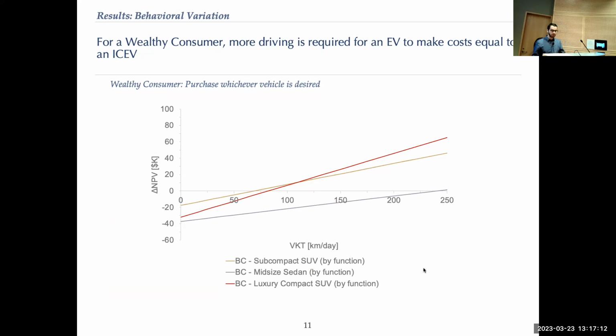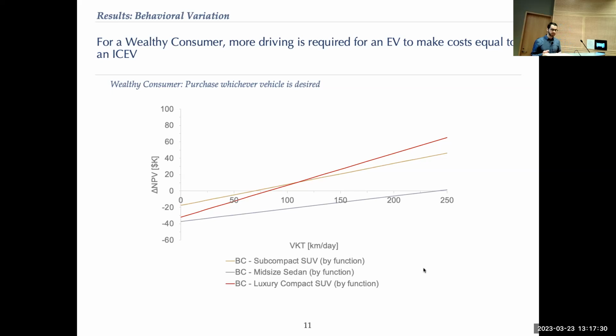But what's interesting, you'll note, is that the gray line, which is the mid-size sedan, where I compared a Tesla Model 3 to a Toyota Camry, is way out there, which means that I'd have to drive close to 250 kilometers per day for my Tesla Model 3 to equal in value to a Toyota Camry.